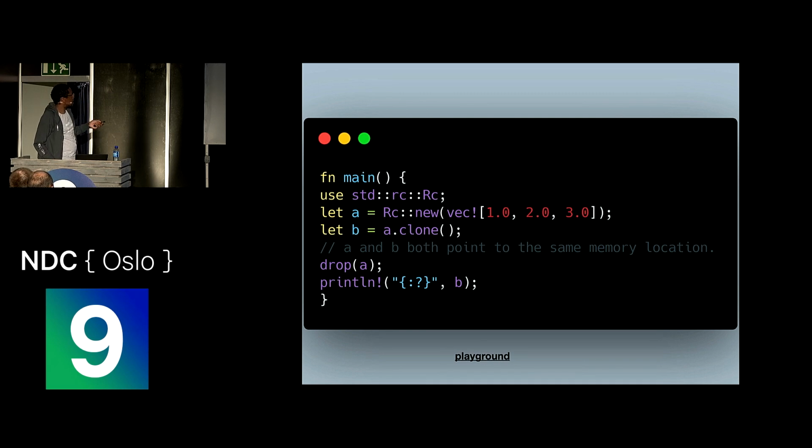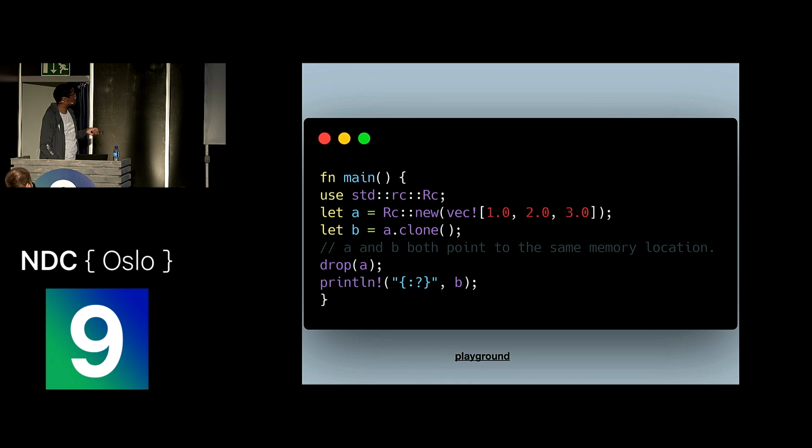And here, we are essentially freeing the variable A. So at this point, we are going to just reduce the reference count. And even if this value has gone away, we still have this data because it's being allocated on the heap. And this will happily compile in Rust. So this is one of the ways to handle the issue where you don't have a clear ownership.